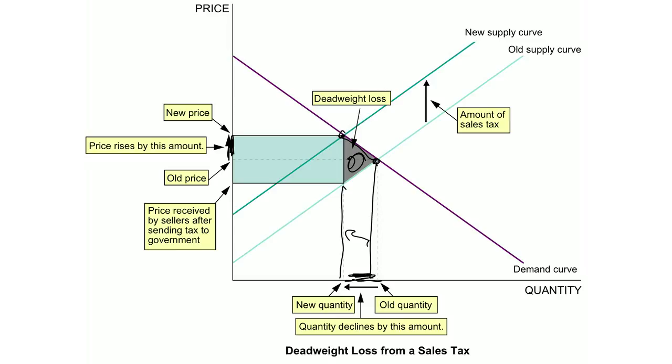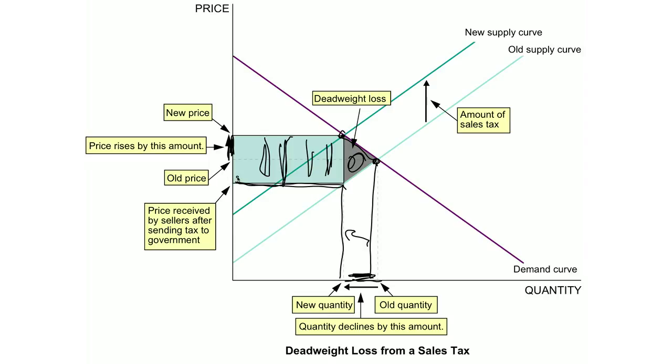And then finally, in the diagram, in the lighter shaded area, you can see the amount of tax that's paid to the government. The tax is the height of that rectangle. That's the amount by which the curve shifted up. And the total amount sold is the length of the rectangle.